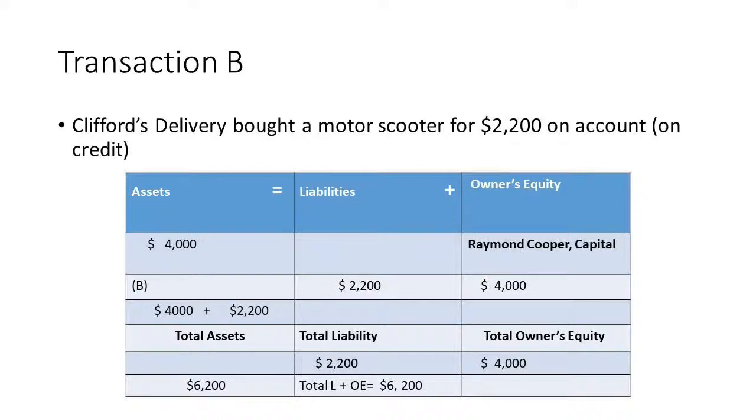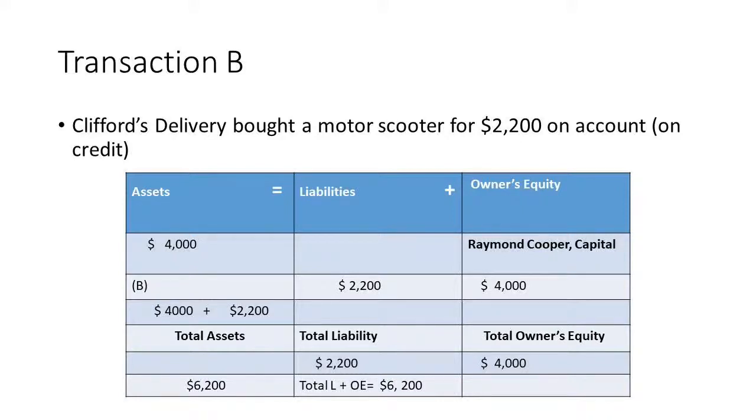Okay? Liability. Now we bought this on account, so this falls under which account? Accounts payable, right? Which falls under liability. So under liability we have 2,200. Okay? Stay with me.